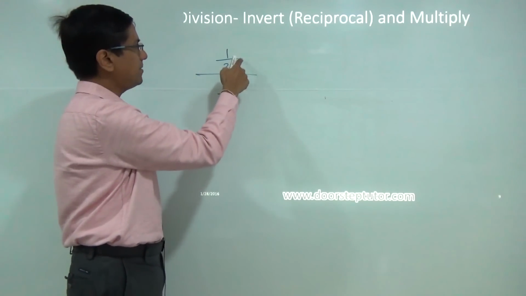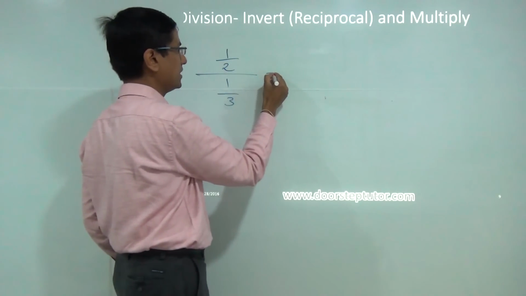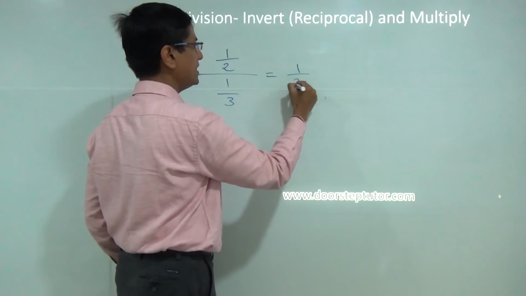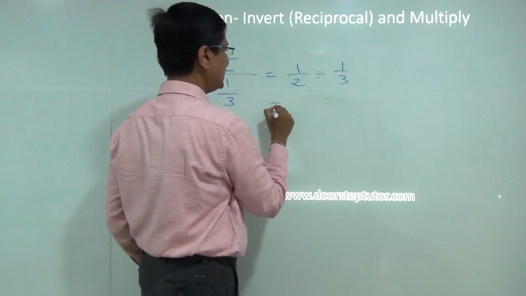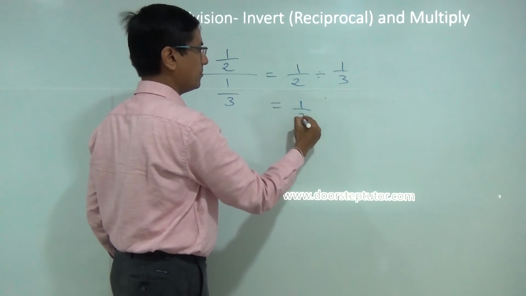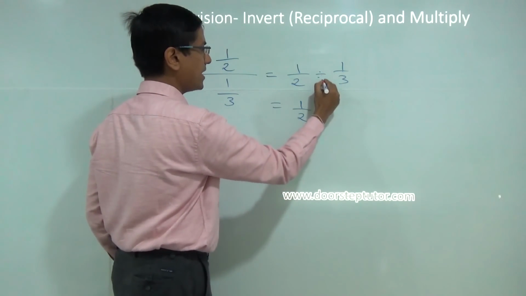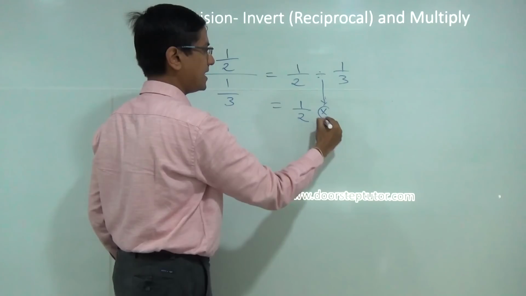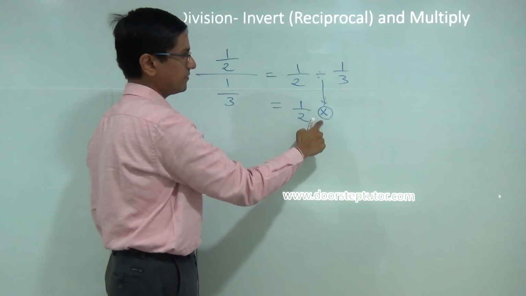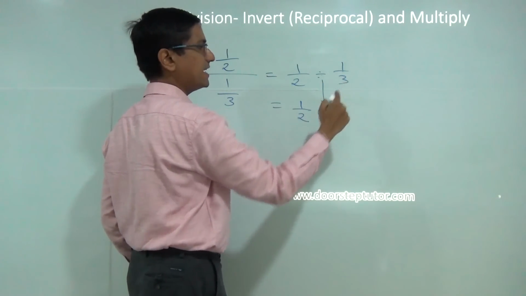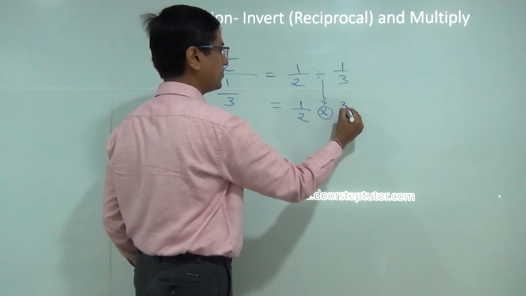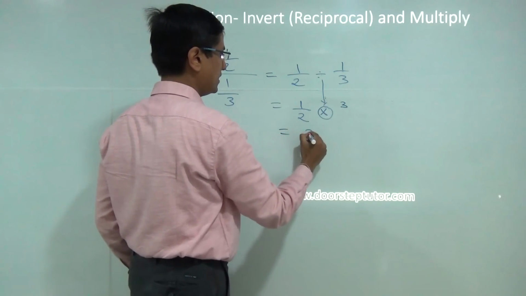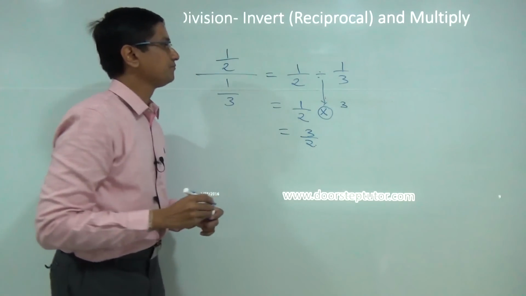If I have to divide one fraction by another fraction, the method is 1 by 2 divided by 1 by 3, and this in turn can be written as 1 by 2. I change this divide into a multiply, and I invert this. I take the reciprocal of this fraction. So the answer is 3 by 2.